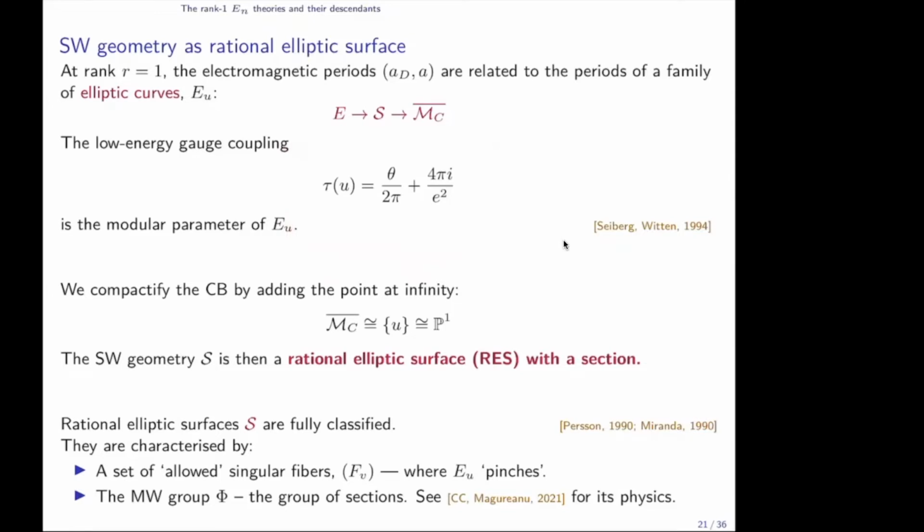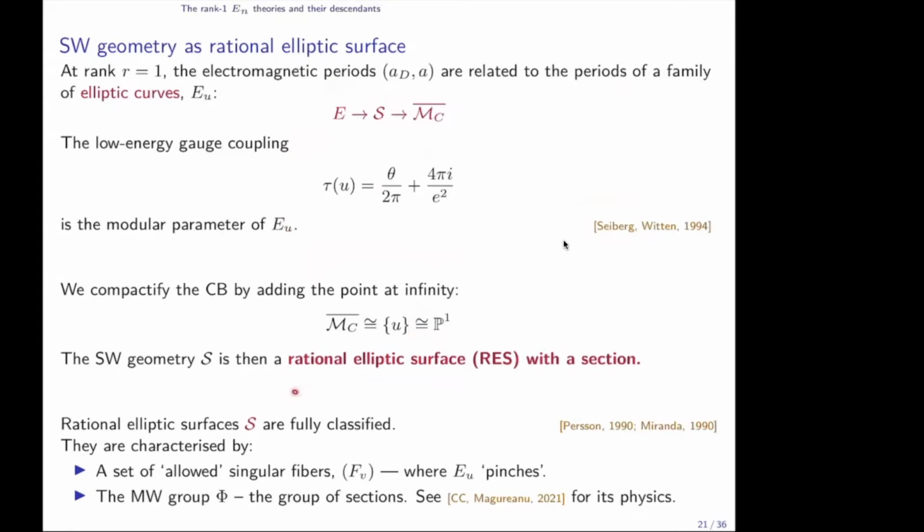So we then consider the family of elliptic curves on the one-dimensional Coulomb branch that gives a two-dimensional complex manifold, or complex surface, which is a rational elliptic surface with a section. More precisely, to have a compact rational elliptic surface, we will just compactify the Coulomb branch. So this is a U-plane, and we just add the point at infinity so that it's a P^1.